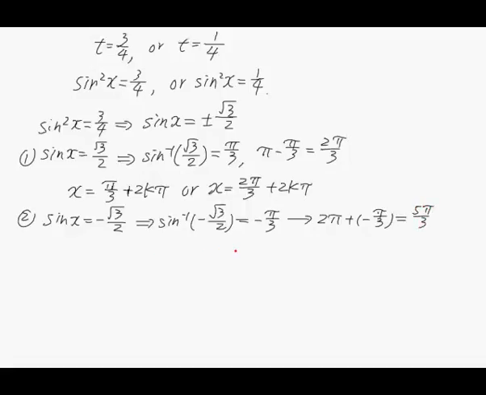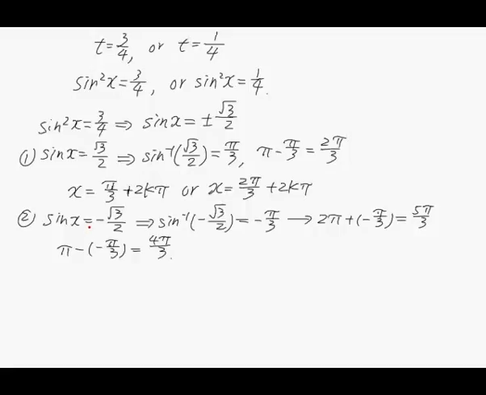And another special solution can be obtained by pi minus this negative pi over 3. So that is 4 pi over 3. So by now I found the two special solutions to this equation.